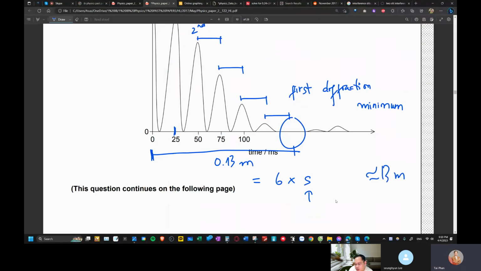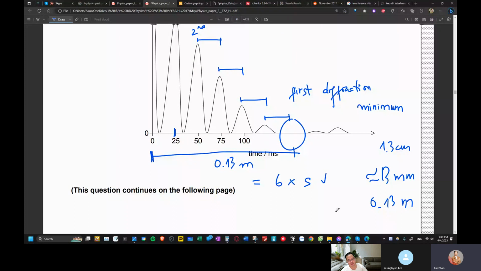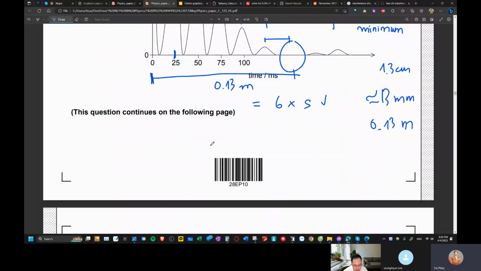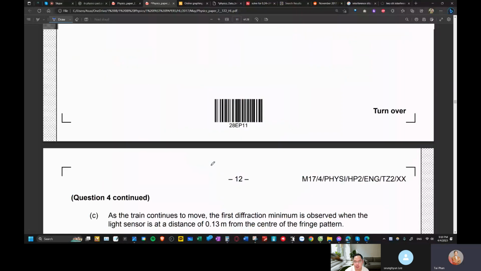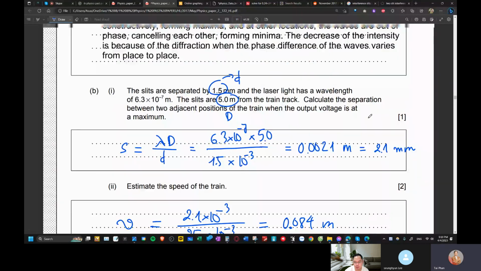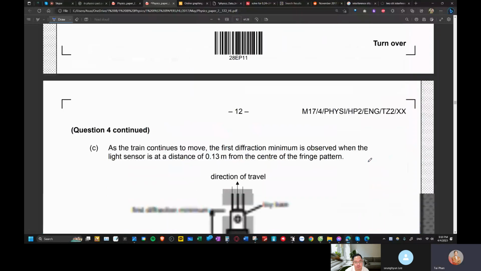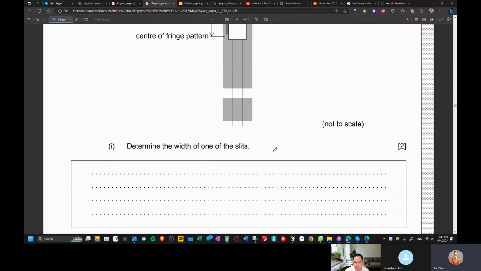That means 1.3 centimeter, 0.13 meter. Yeah, that's correct, that's 6s. And s is the separation between the two maxima that we found in the previous question, 2.1. 6s.